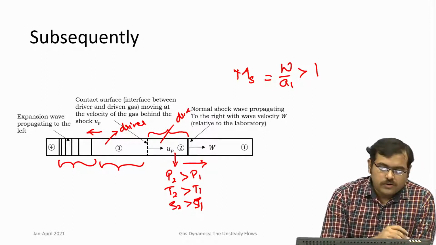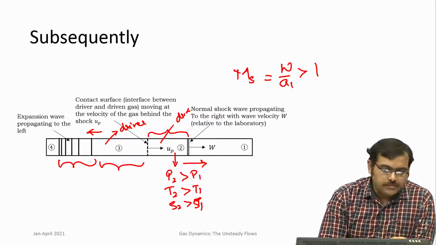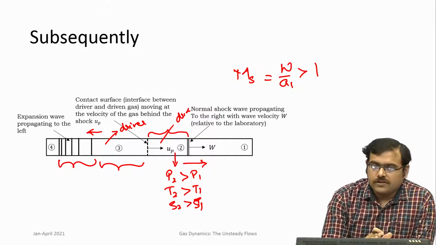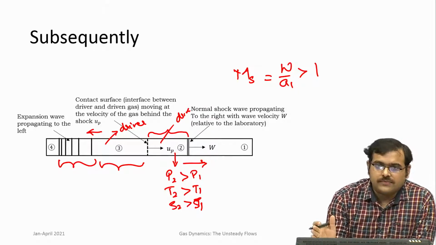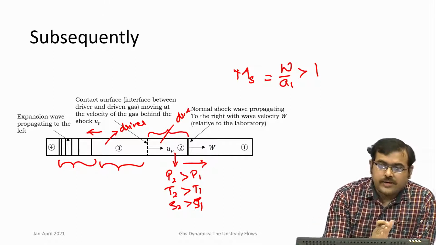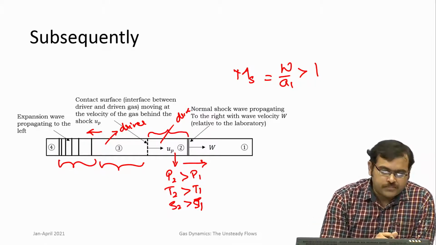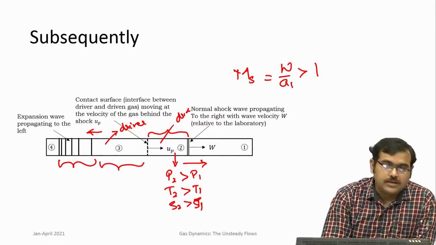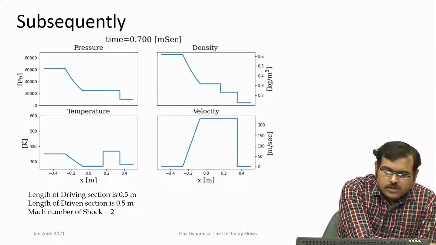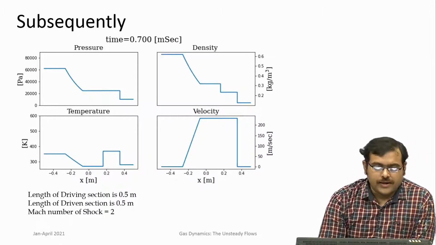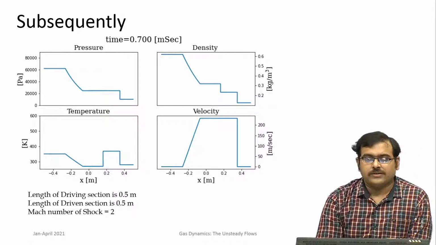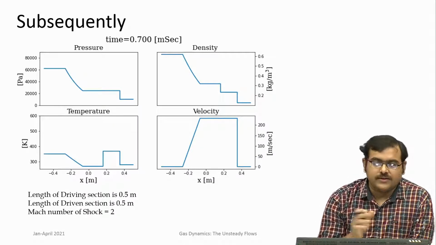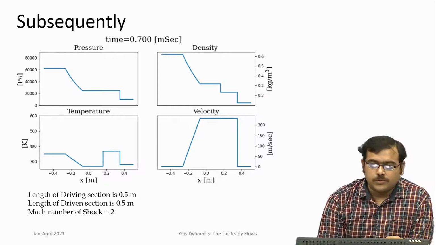So, when one looks at this problem now at a certain intermediate stage, you have a shock wave moving into the driven section, and expansion waves moving into the driver section, and a contact surface in between. So, let us look at how the pressures and temperatures vary at different sections due to these different waves.